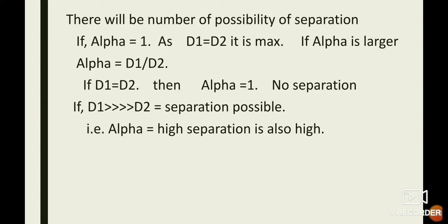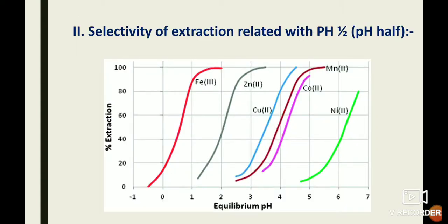Second point: selectivity of extraction is related to pH or pH half. Solvent pH will have little effect on the extraction of neutral compounds. But if ionizable compounds like metal ions are present in the sample, pH control is necessary to stabilize extraction.